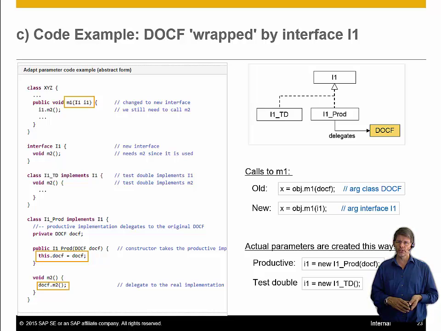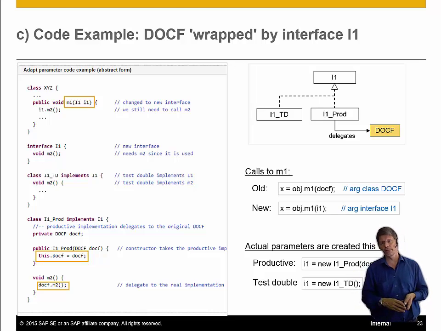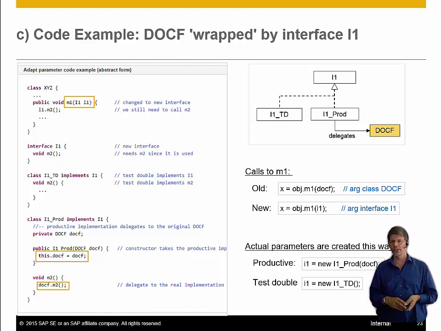But that's basically how this works. So by changing this to the interface as well, and then also the places where you call this method, you can supply the instances that implement this interface. So the production code you can pretty much leave the same.